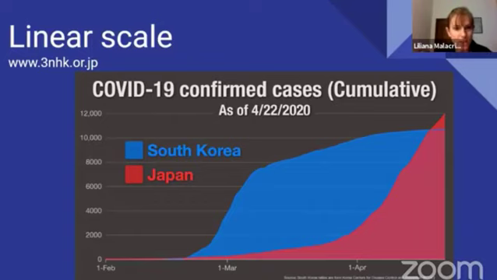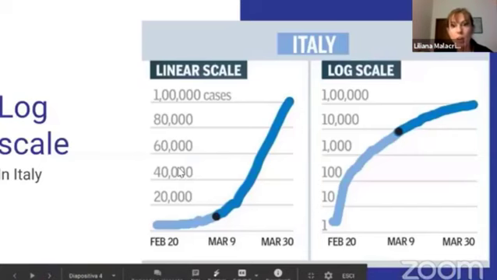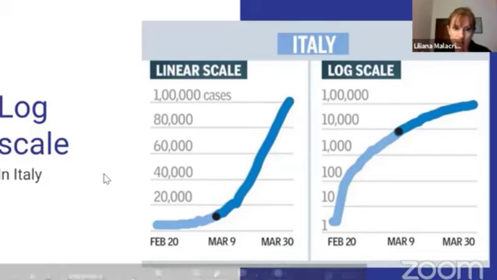But what happens if I consider the values on a log scale, a logarithmic scale? Okay, so the logarithmic scale is very different, as you can see. Here in this graph we can see Italy. And as you see, the log scale is made by multiplying a value, in this case, let's say 10.